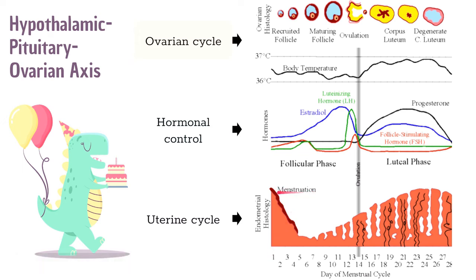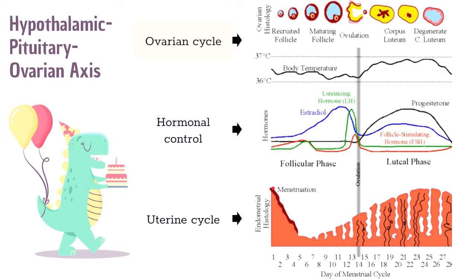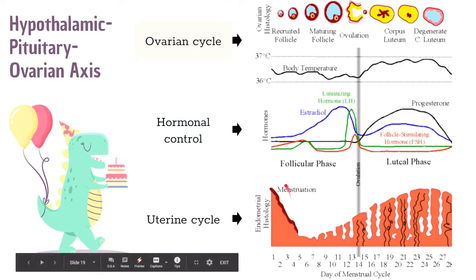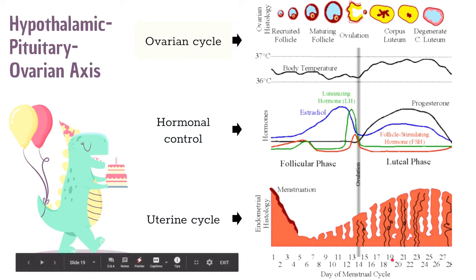Usually the menstruation, or the release of blood from the uterus, takes about 3 to 5 days. Then for the rest of the month, you will not notice any changes in your uterus because it's an internal structure.